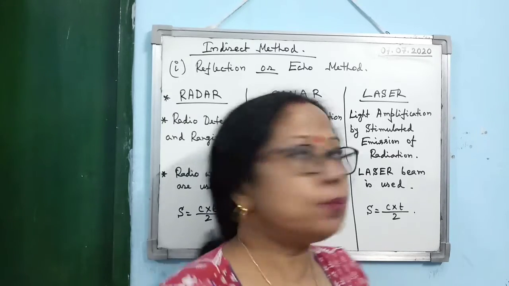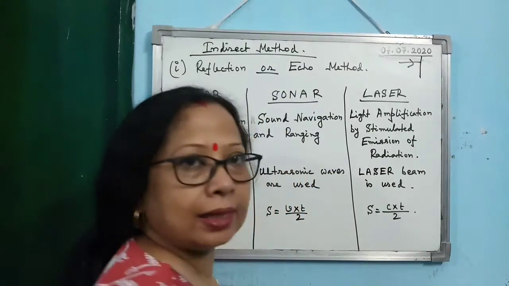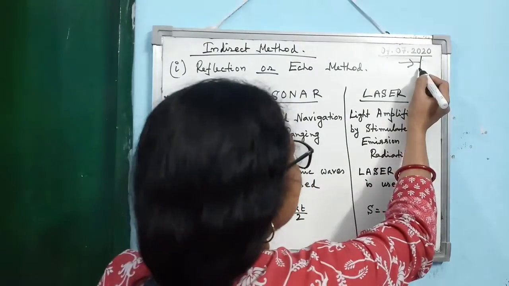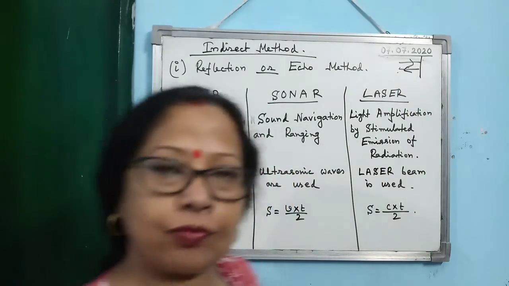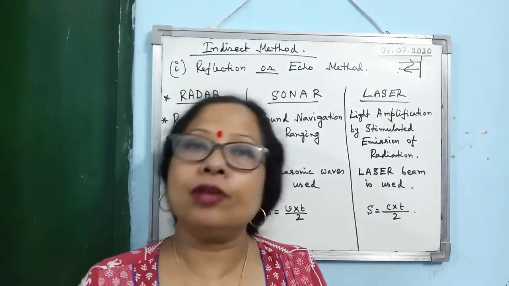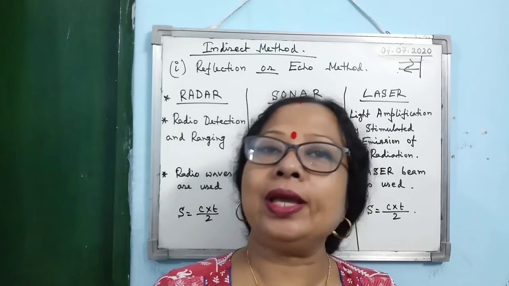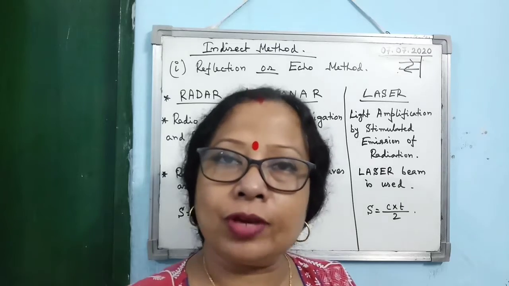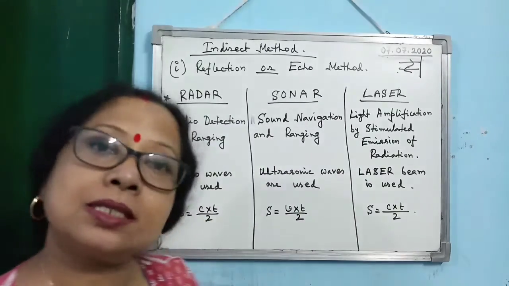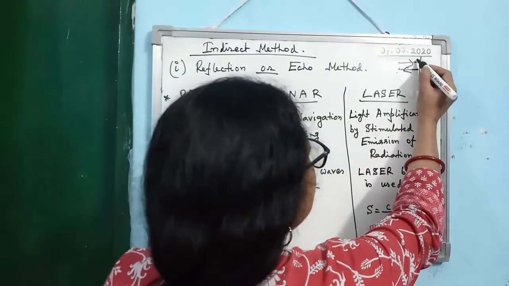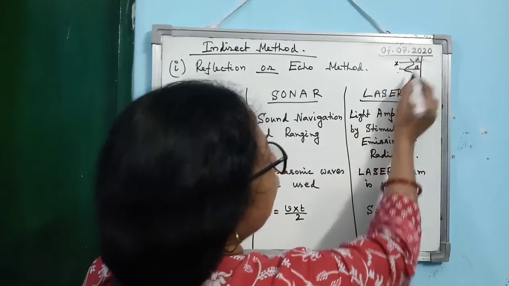Then it moves and strikes the reflector, and then reflects back. The reflected wave is received, and the time gap between the original wave being sent and the reflected wave being received is measured.